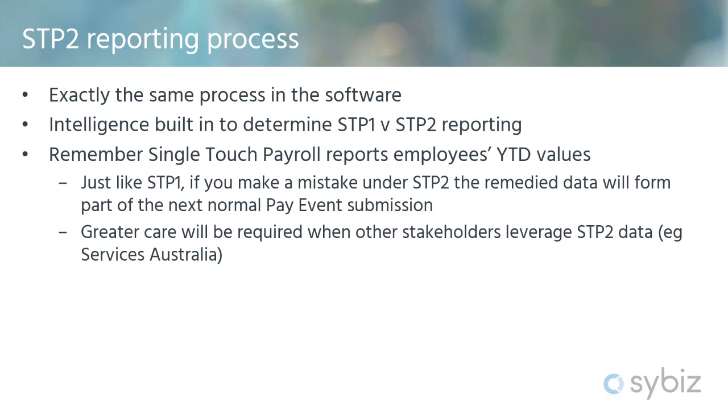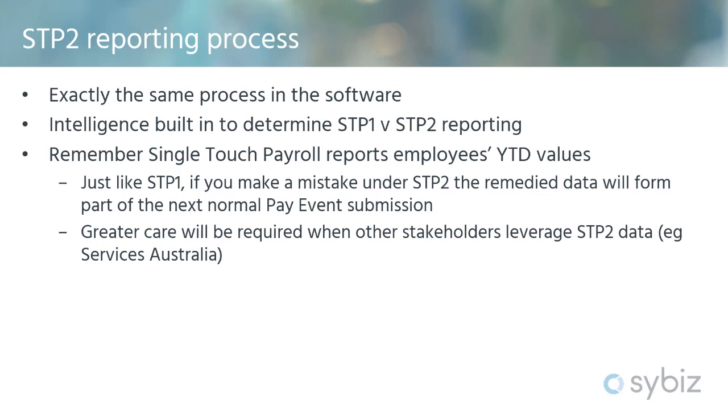If you do a prior year submission, that will be reported as STP1. We've kept STP2 and STP1 clearly distinct within the background of the software, with different pathways followed, so they're totally distinct, and that's why we're able to use them for prior year reporting where necessary as well.